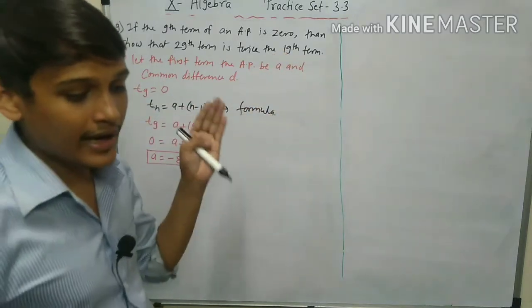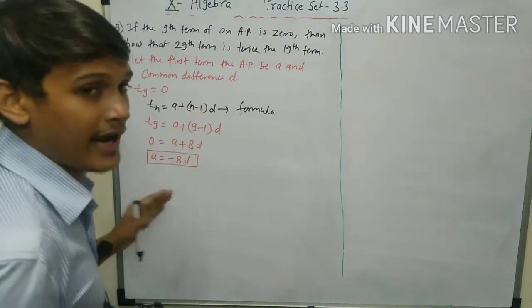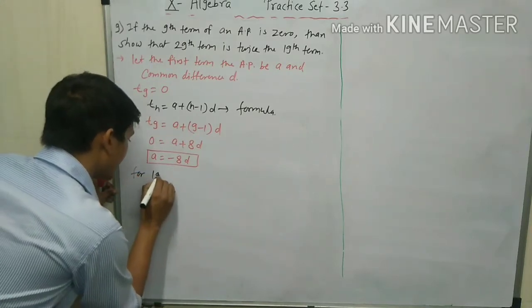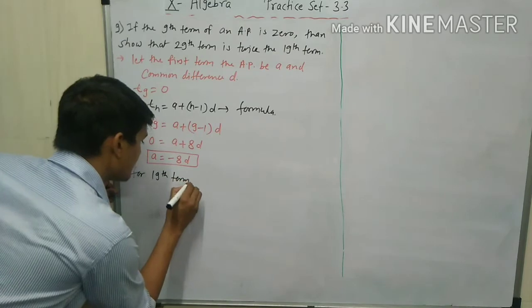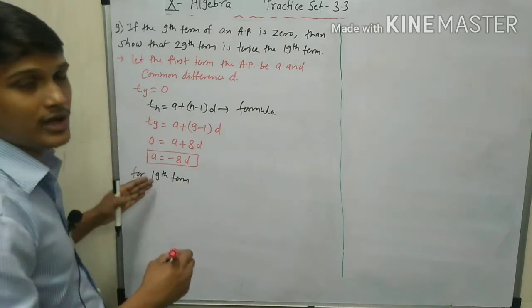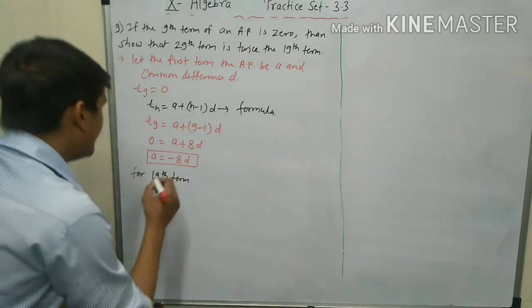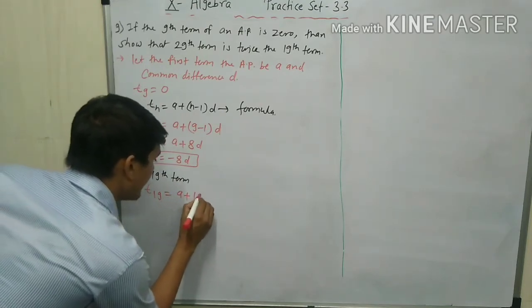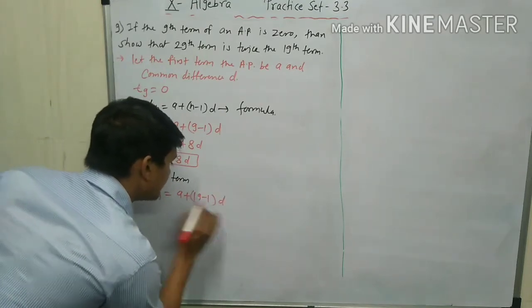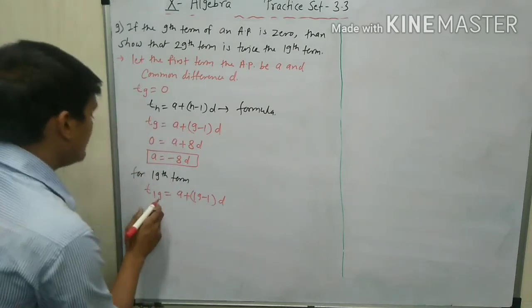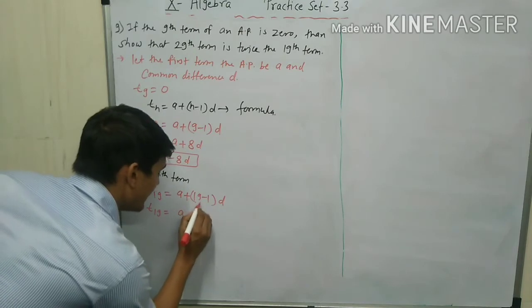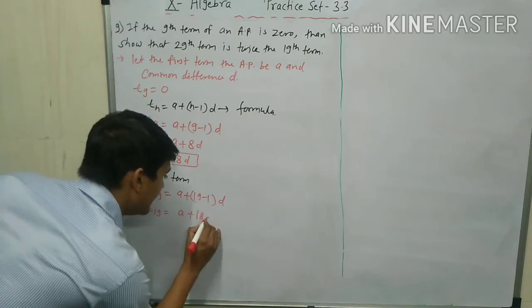For the 19th term, the same formula we can use. T19 = a + (19 - 1)d. Now T19 = a + 18d.